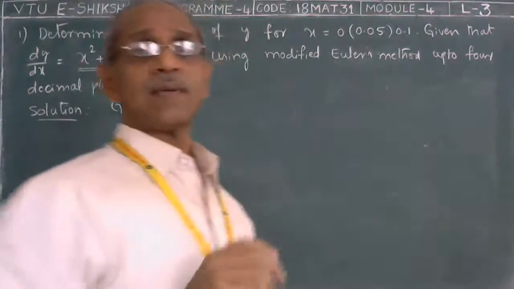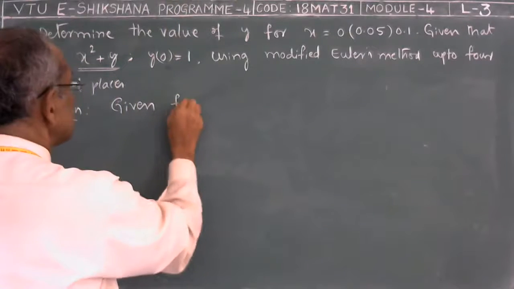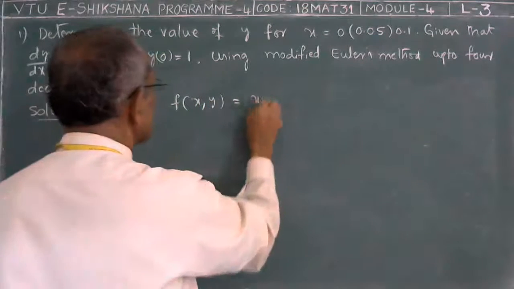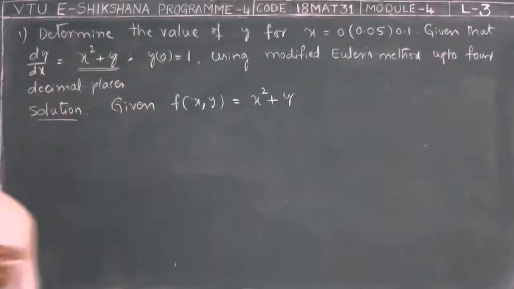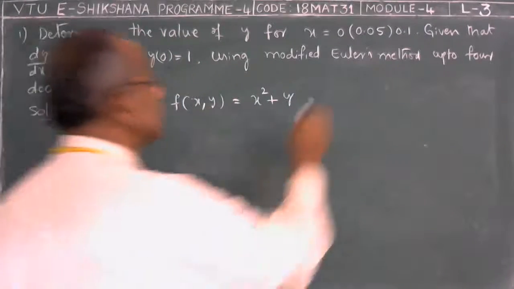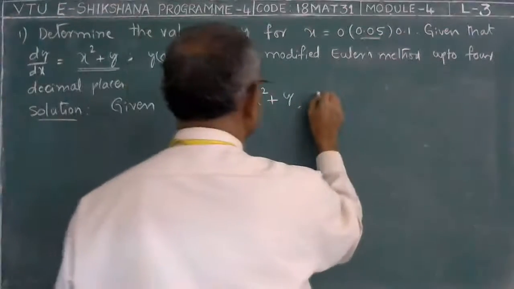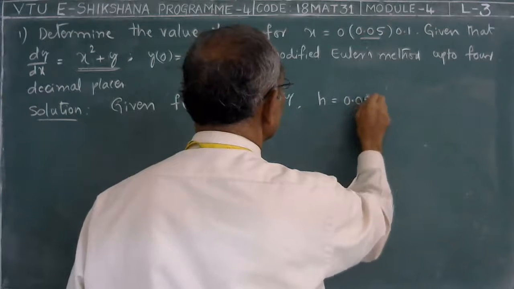Now f of x comma y is x square plus y. And this is the step length, that is your h. h is 0.05.